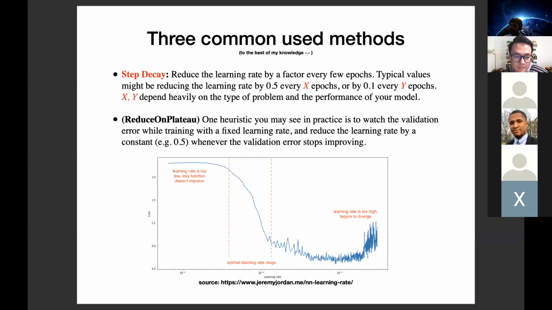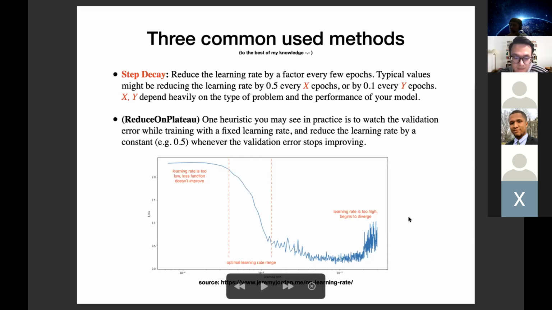The second way is reduce on plateau. This method watches your validation error while training with a fixed learning rate, and reduces the learning rate by a constant like 0.5 or 0.1 whenever the validation error stops improving.